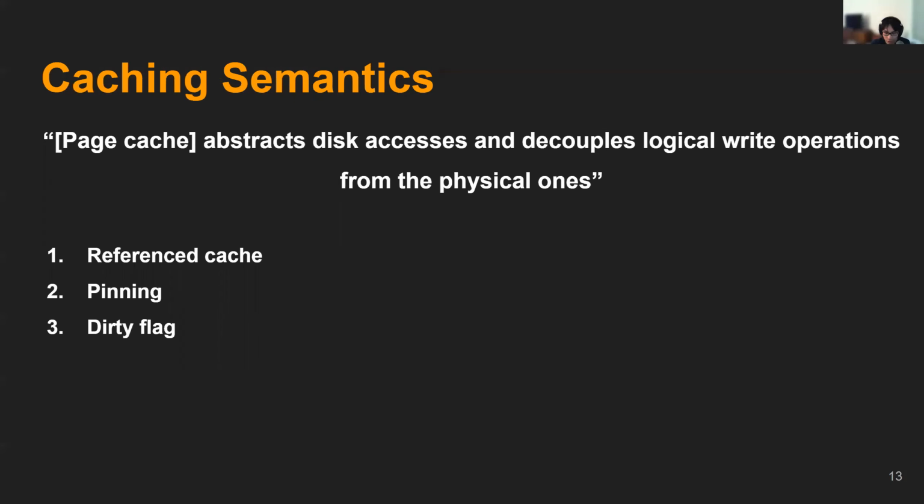In terms of the semantics of the buffer pool, I'll quote from the book: the page cache abstracts these accesses and decouples logical write operations from the physical ones. This is pretty interesting, because what is a logical write operation? From the user's perspective, I write something to the database and it commits.